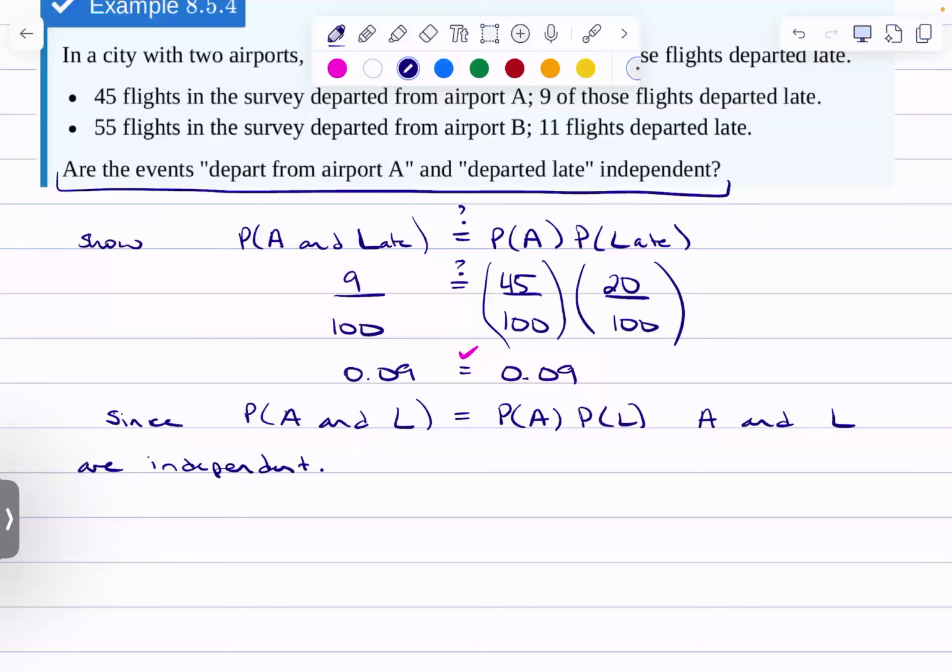Or you could use words: the events depart from airport A and departed late are independent. But I'm more concerned about using the math to support your statement.